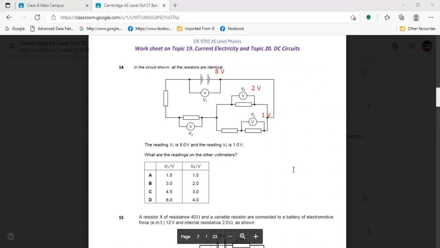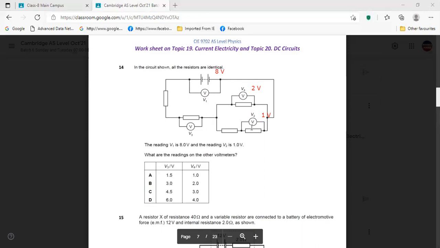Farhan, do you understand why we are writing V4 as 2 volt? It is very important to understand. It is from the potential divider rule and the parallel rule. Look, V2 is given 1 volt. So this resistor and the resistor adjacent to it, they both have 2 volts in total, right? Yes, sir.